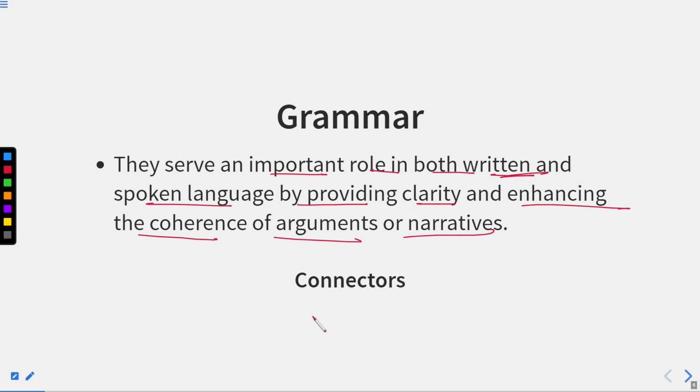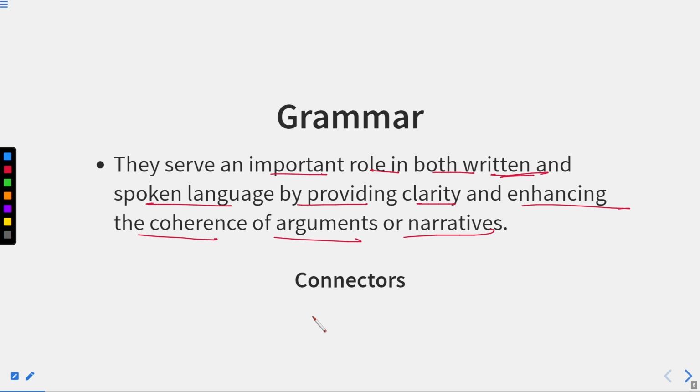So for example, advantages and disadvantages. So in one part of the sentence, we have an advantage of that particular thing. And in the other part of the sentence, we have the disadvantage of that particular thing. For example, uses and misuses of phones. So you can see mobiles uses and then misuses.